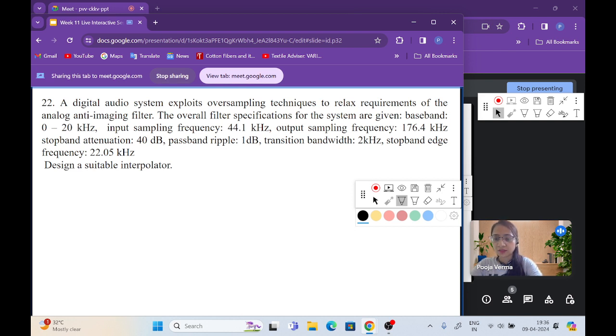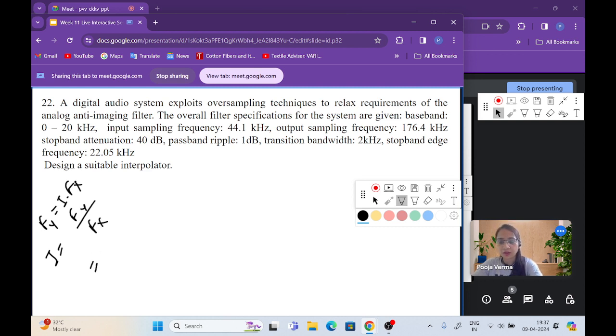As we know, we can design a single stage or multi-stage. So we will check both. The interpolation factor is I equal to Fy divided by Fx.